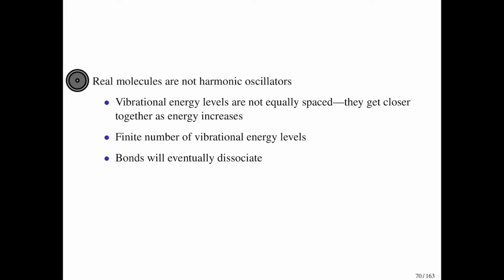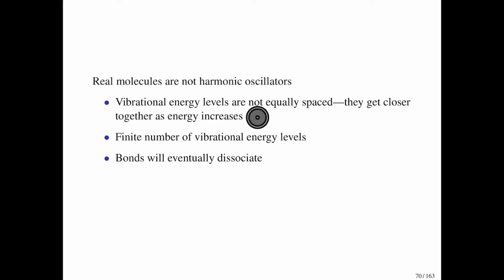We also need to take into account the fact that real molecules are not perfect harmonic oscillators, as we saw in the previous figure involving the potential energy. In fact, the vibrational energy levels for a diatom are not equally spaced. They get closer together as the energy increases.